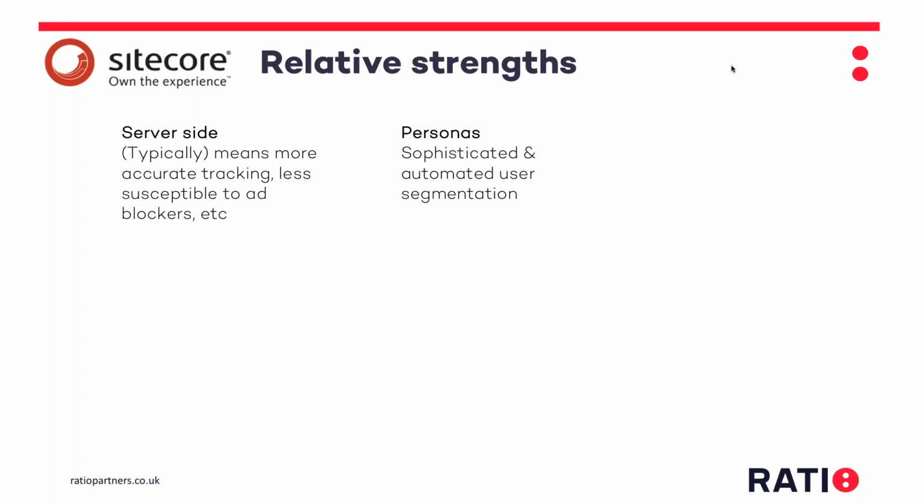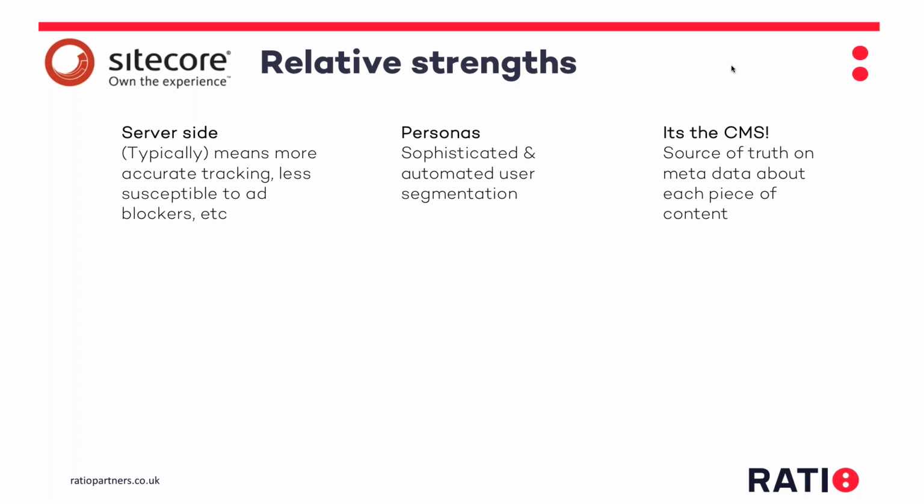Within Sitecore, it's way more dynamic. It reallocates people into new personas over time as their content engagement patterns change. So basically, Sitecore is a much better place to try and determine which persona your website visitors fit into.